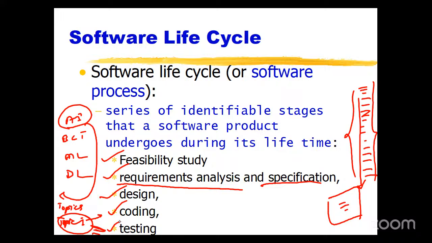If testing is passed, then you deploy your project to the customer. Once you deploy it, if any errors come up, the customer comes back to you and asks for error correction. That process is called maintenance.